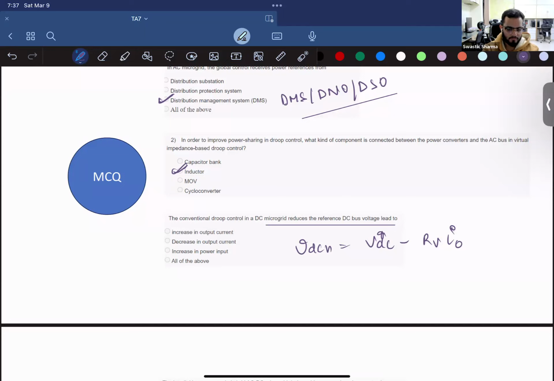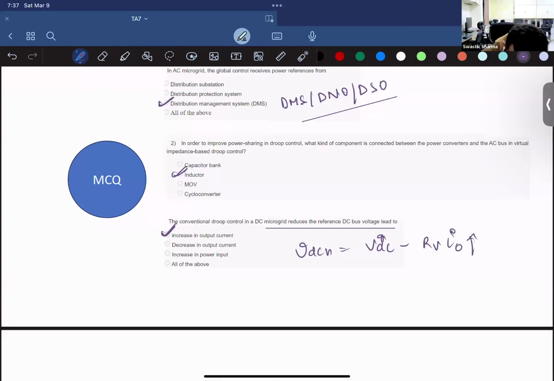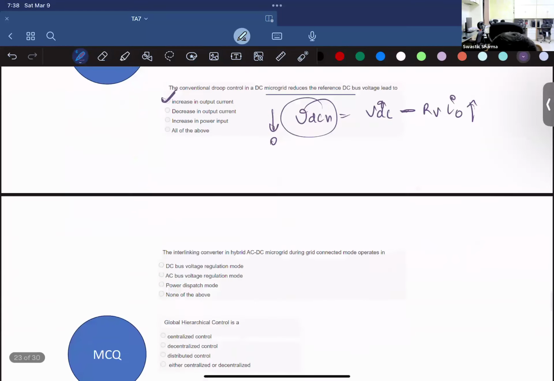Due to what? Sir, increase in output current. Yes. So if we increase the output current, this reference will decrease. So if this happens, it's due to the increase in the output current.